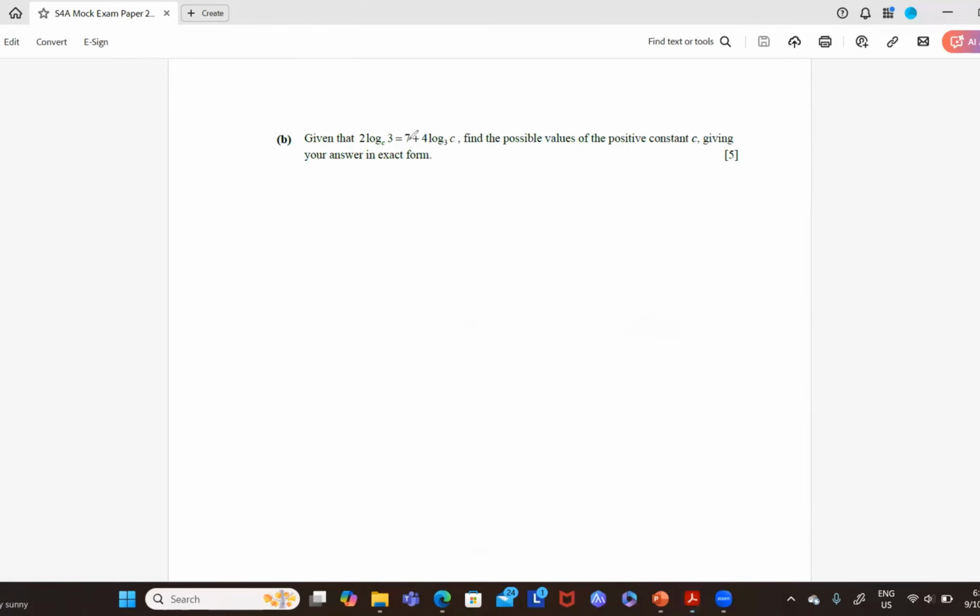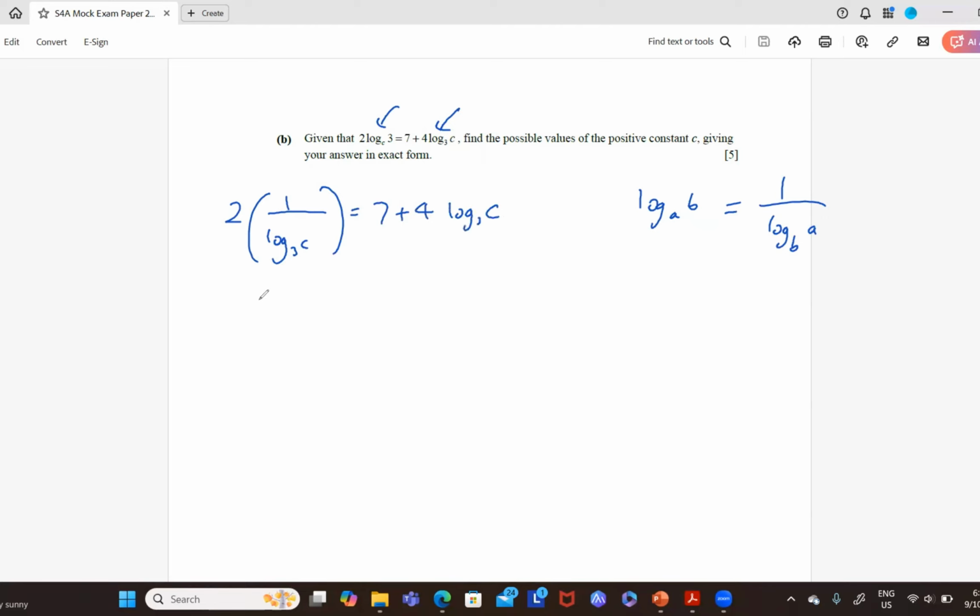Given that 2 log base C of 3 equals 7 plus 4 log base 3 of C, find the possible values of the positive constant C. So we're going to work this equation with log base 3, which means we will change this. Take note, log base A of B can be rewritten as 1 over log base B of A. We can flip their positions. So this becomes 2 bracket 1 over log 3C equals 7 plus 4 log 3C.